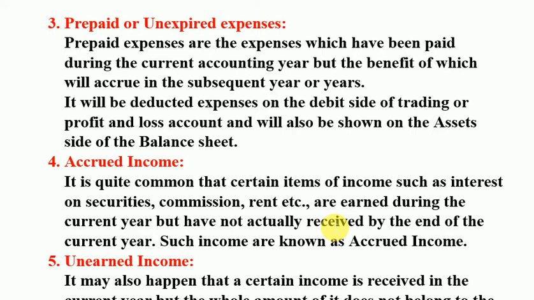So 3000 plus 2000, that is total 5000, will be recorded in our trading profit and loss account. And the accrued income of 2000 will also be recorded on the asset side of the balance sheet. Why? Because it will be received in the future.